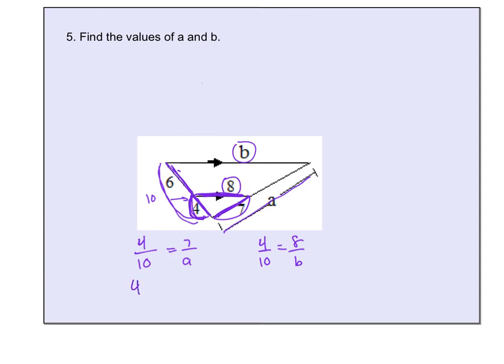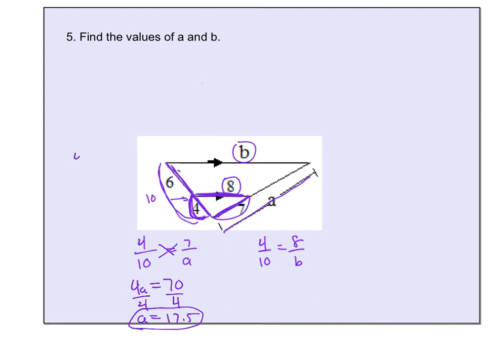All right, so let's see. That would be 4A equals 70, just using cross products. So A would be equal to 70 divided by 4, which is 17.5. Then I'm going to follow that same pattern for here.